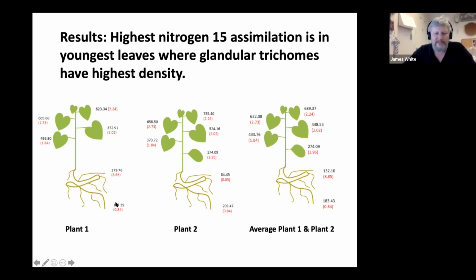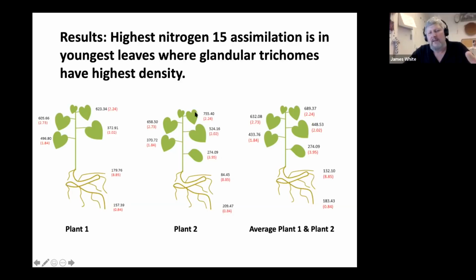If you look down at the roots, the number is much less, and it goes down as the tissues age. For plant 2, you get 755 at this measurement, and then all the rest go down, to 84 in some of the roots.